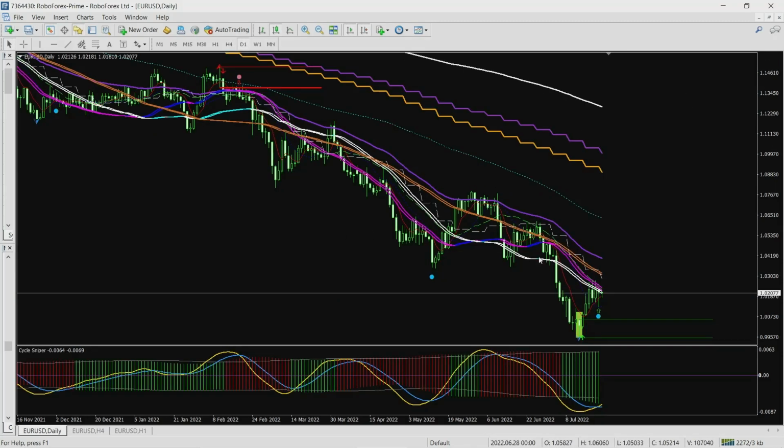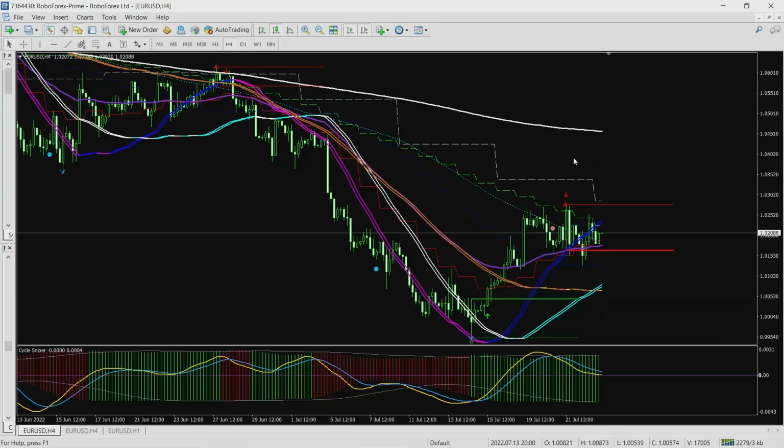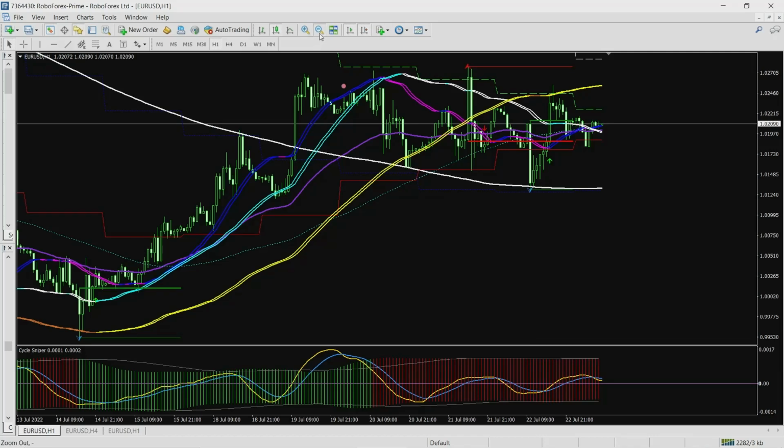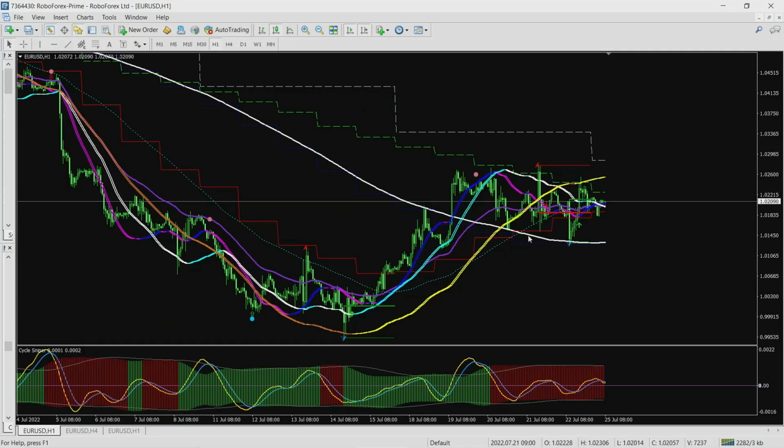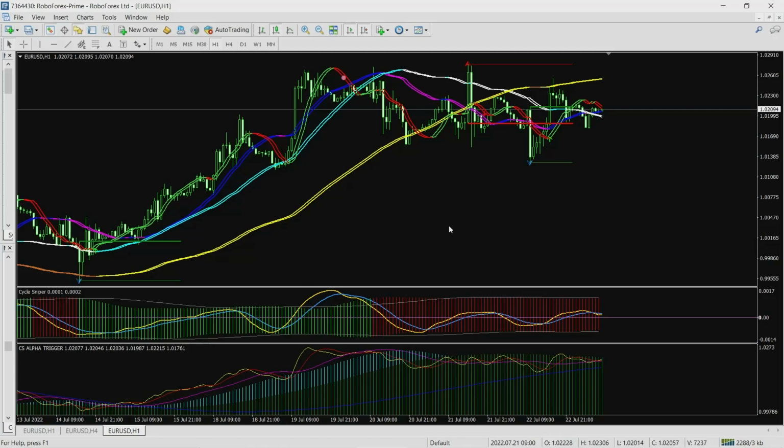You can see the main trend by looking at the moving averages, the main trend of the chart time frame, of course. Also, those moving averages act as support and resistance.